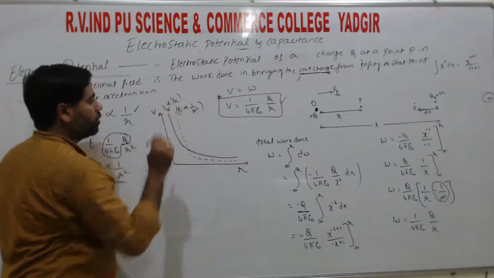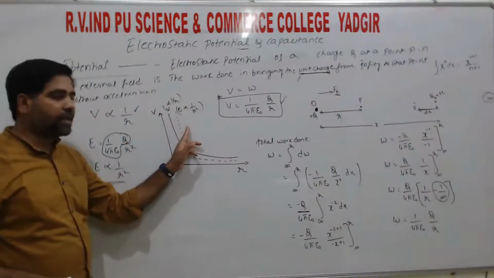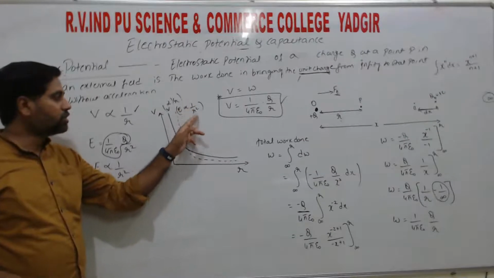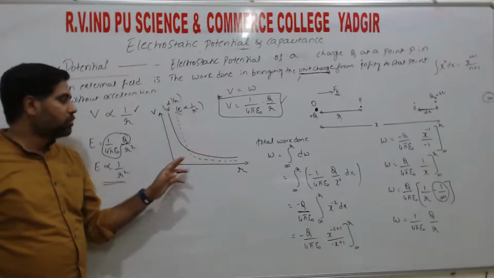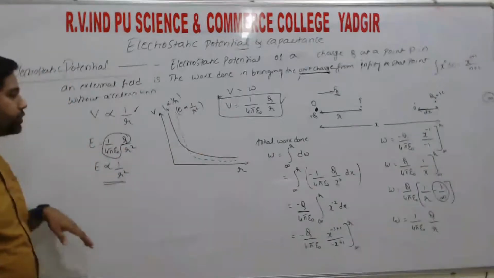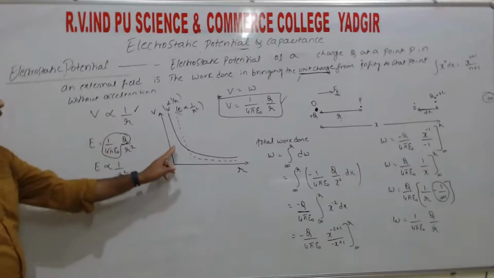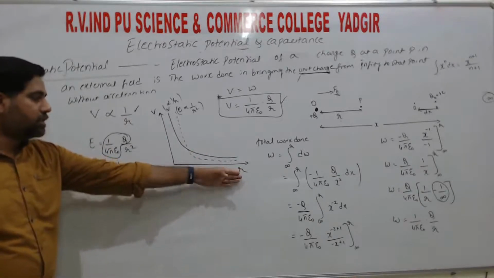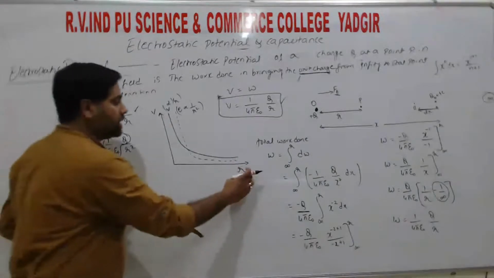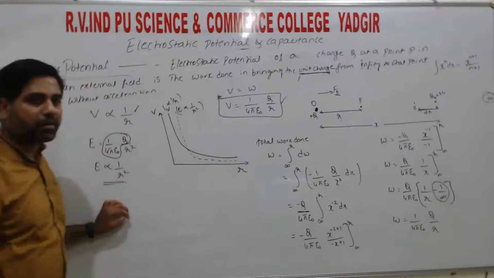So we need to remember this one, right? Both graphs look similar, right? Because these are inverse relations, 1 by R and 1 by R square. So this is the curve for the potential and the distance R. So if we increase the distance, the potential goes on decreasing, right?